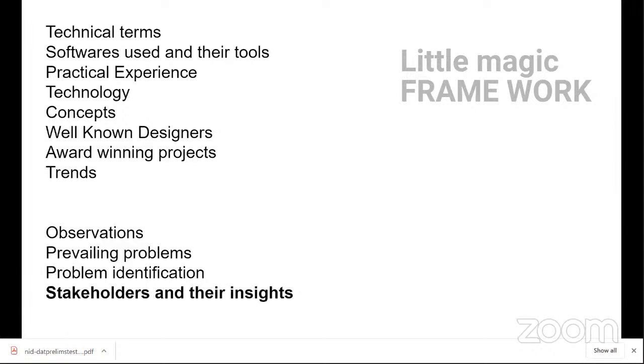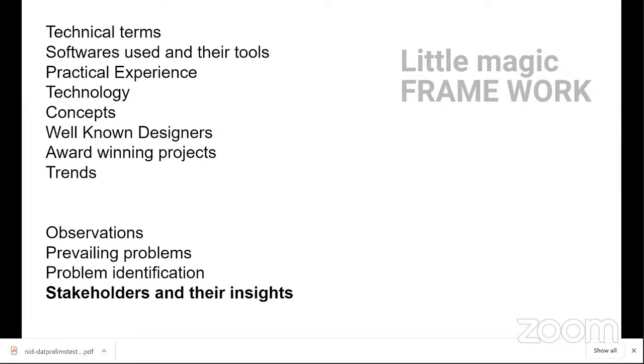And then stakeholders and their insights. Now we're talking about stakeholders. In the example that I have shown you, like the passengers walking in that passageway illuminated by a projection, who are all the stakeholders in that? Can you list the stakeholders? This is a very interesting exercise. I would want you to take some time to list the stakeholders.